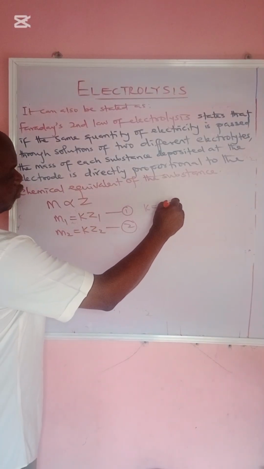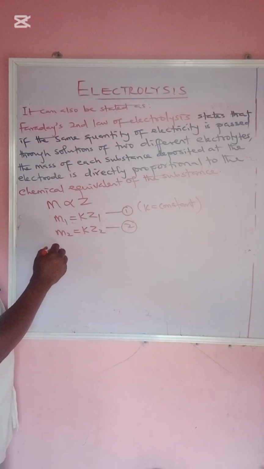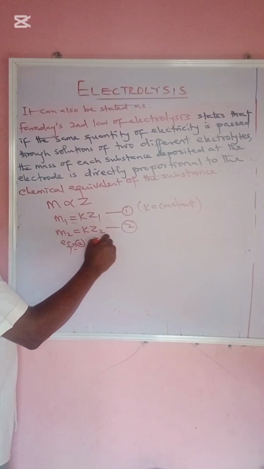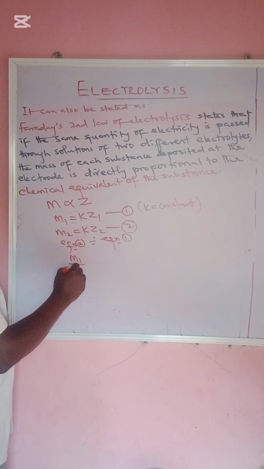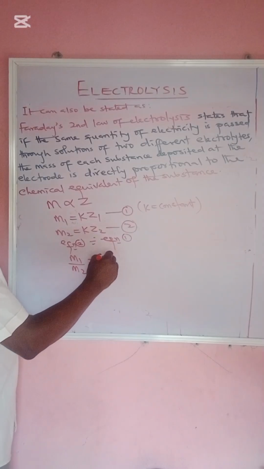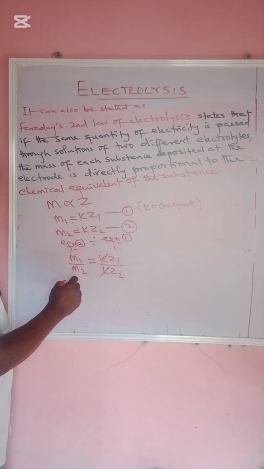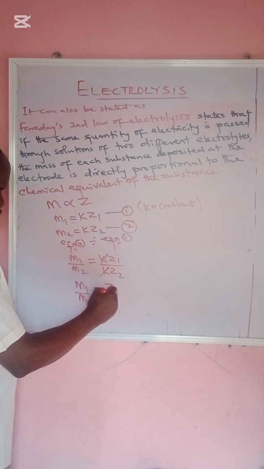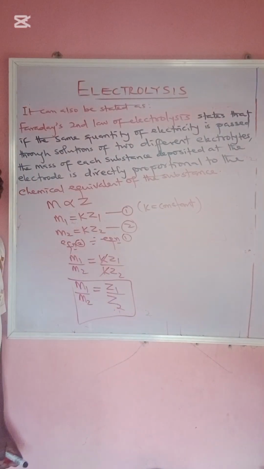If you divide equation 2 by equation 1, you have M1 all over M2 equal to KZ1 all over KZ2. We have derived this: M1 all over M2 now is equal to Z1 all over Z2. That's another way of stating the second law of electrolysis.